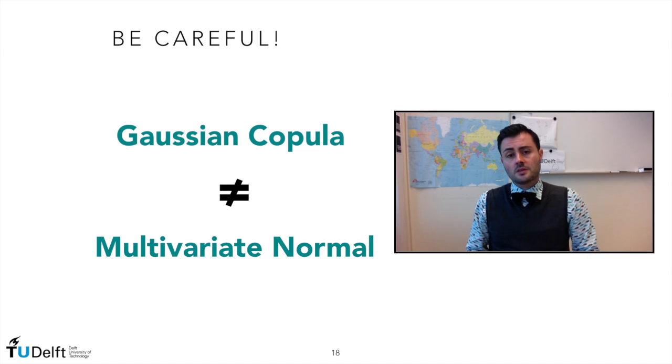For the multivariate normal, on the contrary, the marginals are necessarily normally distributed. Okay, so this is a quite important difference. Of course, if we start from normal marginals and we apply a Gaussian copula, what we obtain is a multivariate normal, but this is a special case.